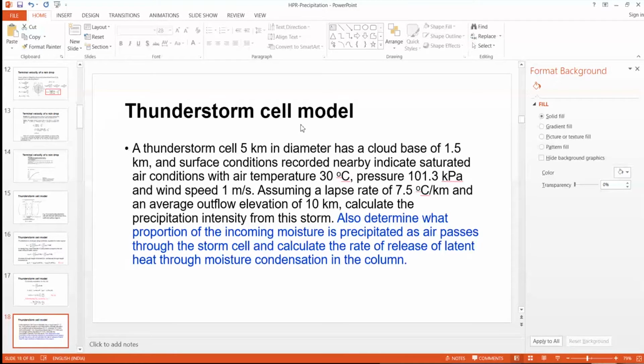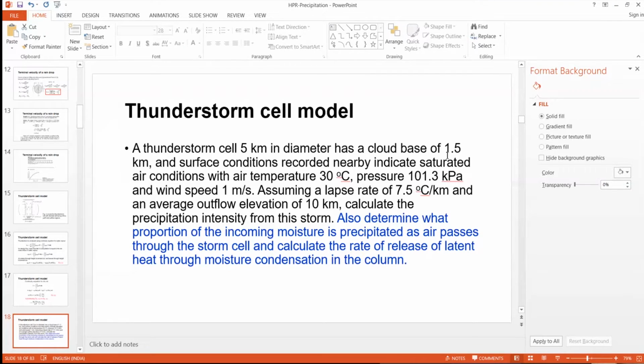So it's a thunderstorm cell model which has a 5 kilometer diameter, cloud base of 1.5 kilometer. So the clouds are at 1.5 kilometer from the surface.